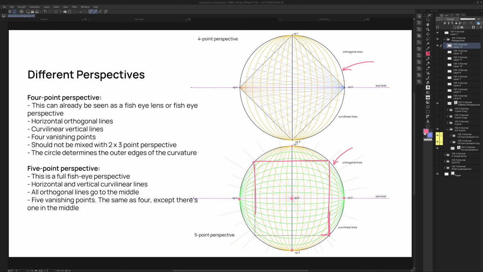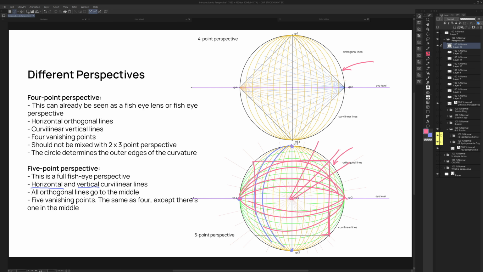So now you have orthogonal lines going to the middle, but then you also have curvilinear lines going from, let's say, bottom to up, but we also have horizontal ones. This is why I tend to think about horizontal and vertical curvilinear lines, because we also have these kinds of lines that go horizontally.